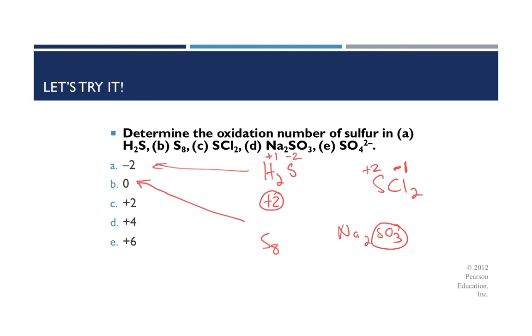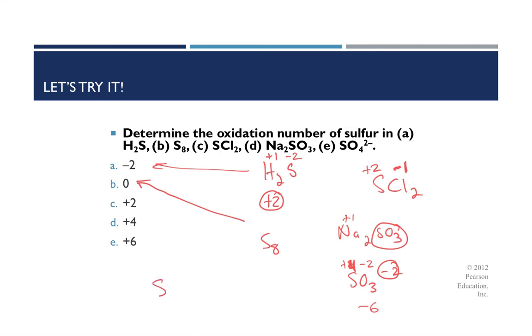This sulfur is part of the sulfite ion, which is SO3 2-. So in this particular case, we know that oxygen is -2 for an overall -6. So the sulfur has to be a +4 in order to get a -2 altogether out of this. Okay, +4. And then the sodiums, of course, are each +1, so that balances out the rest of that charge.